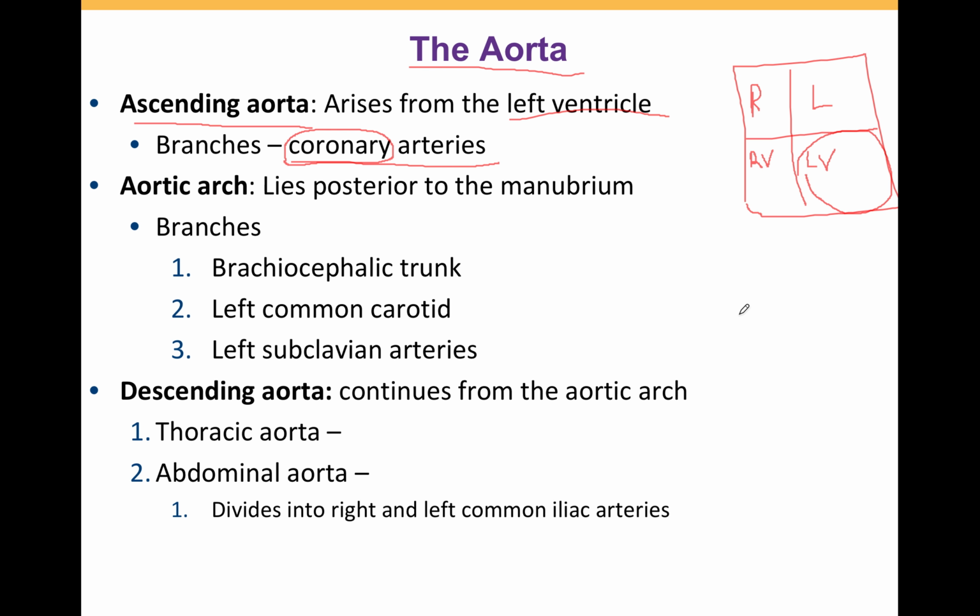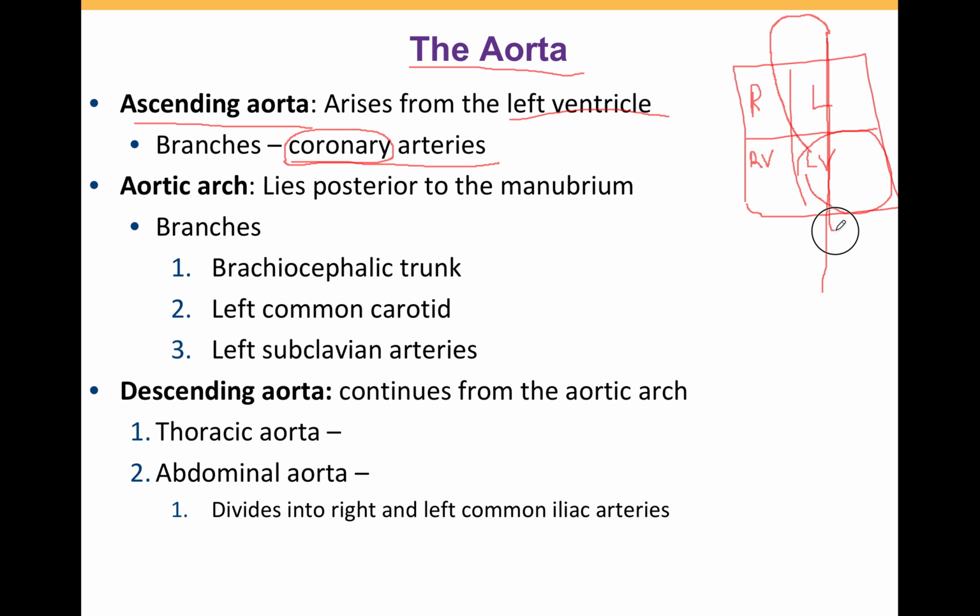Now, as you take the aorta, coming off of the left ventricle, I'm going up, I'm ascending. Then I'm going to loop, and that loop that I'm forming is known as the aortic arch. And then I start to go behind the heart and come back down. So what am I doing?